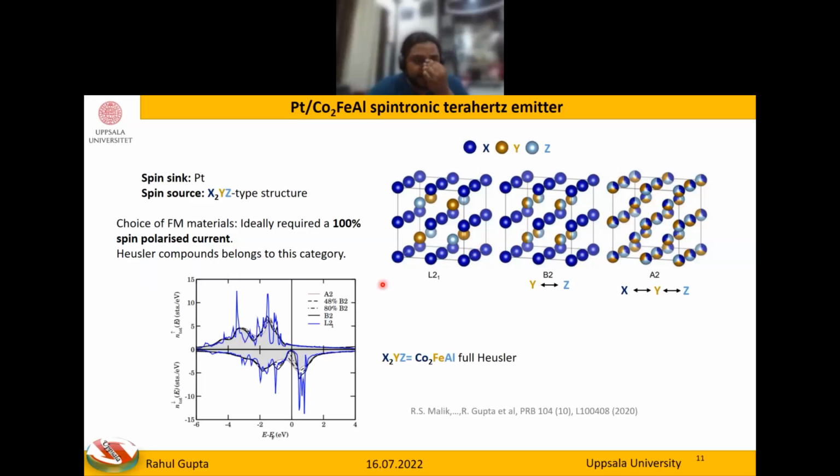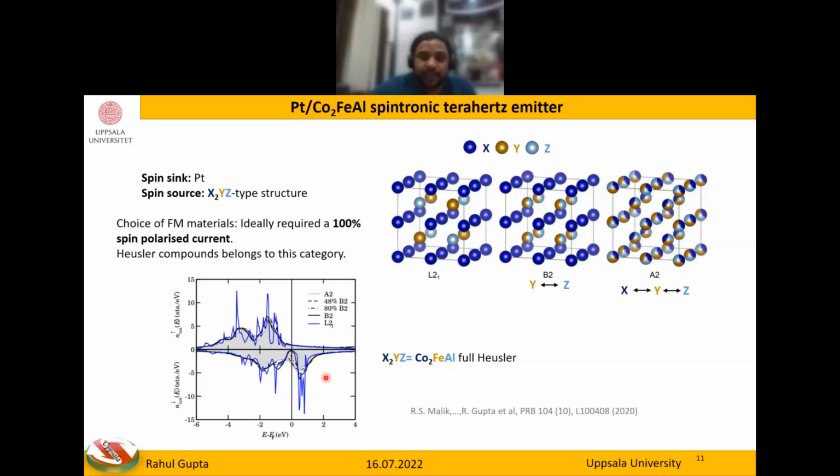Our collaborators have calculated the spin density at the Fermi level, and what we have found is that as we increase the ordering of this compound, we see a minimum spin down density at the Fermi level when it is L2_1.